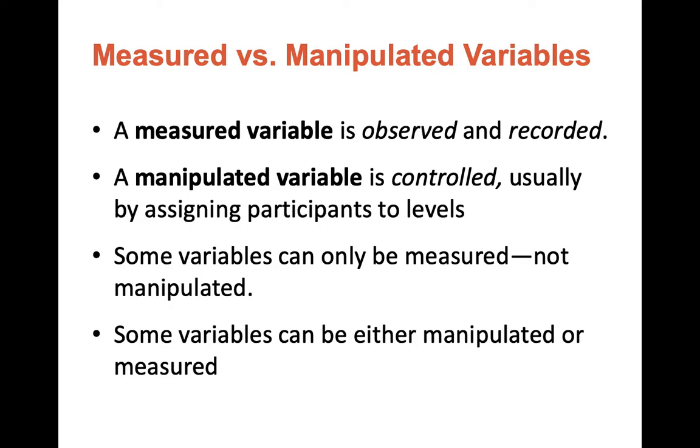Are you in karate, etc.? Alternatively, you could manipulate that variable by assigning some children to take music lessons and others to take acting lessons or something like that. So you can have variables that can be either measured or manipulated, and it could be the same variable. In that case, what extracurricular activities do people participate in?